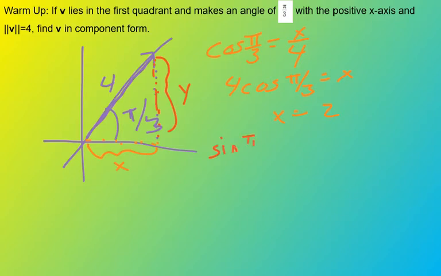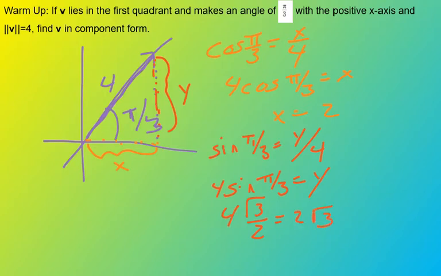So sine of pi over 3 is going to be y over 4. And so 4 times sine of pi over 3 is equal to y. So sine of pi over 3 would be root 3 over 2. So this is just 4 times root 3 over 2, or just 2 root 3.